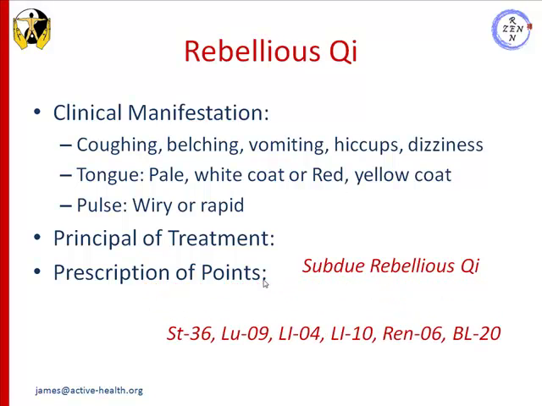And again, these are just a selection of points that we might use to subdue rebellious qi. These are not set in stone. Again, I'm not saying that it's impossible, but to see somebody coming into our clinic with these clinical manifestations would be quite rare.